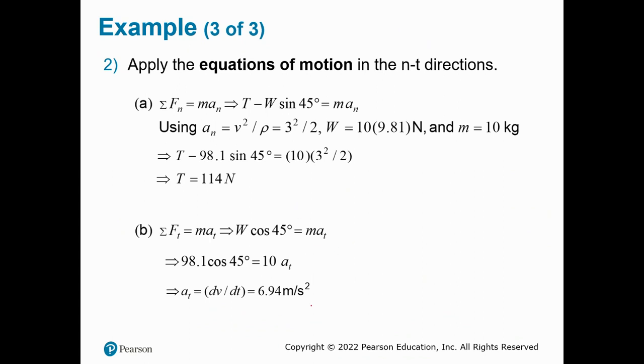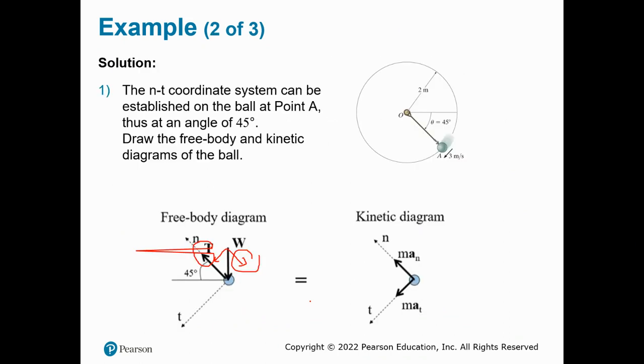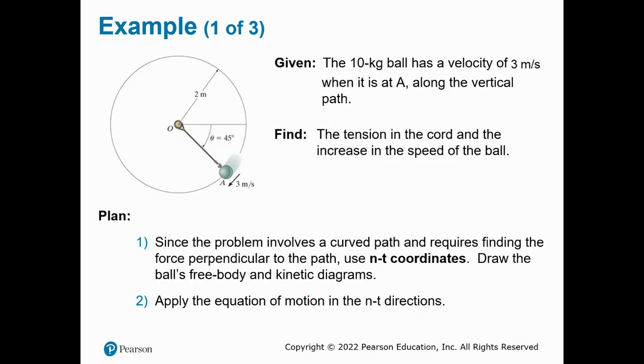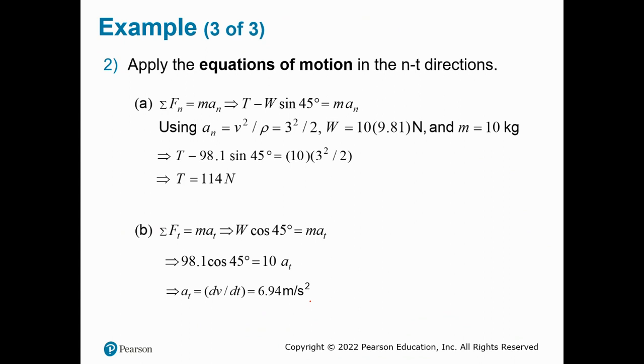Putting these two together, we can solve for our tension. What we're looking for is the tension of the cord and the increase in the speed of the ball. From the first equation we can get our tension, and from the second equation we can get our at. at is the acceleration in the tangent direction, so it's also the change of the magnitude of the velocity.